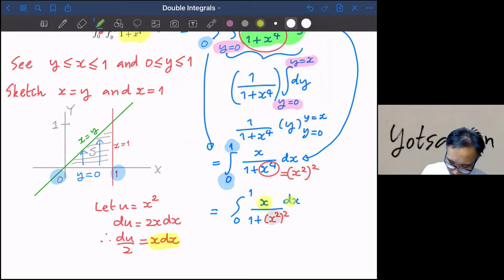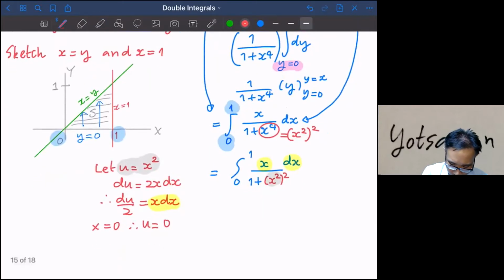Okay, and you have u equal to x squared. When x equal to 0, you get u equal to 0, and when x equal to 1, you get u equal to 1.